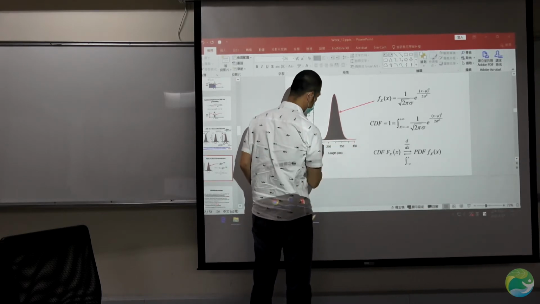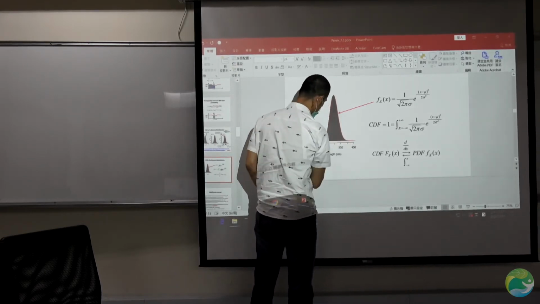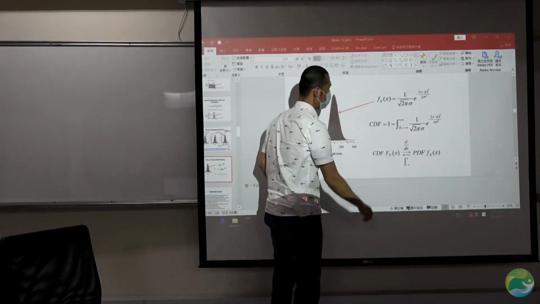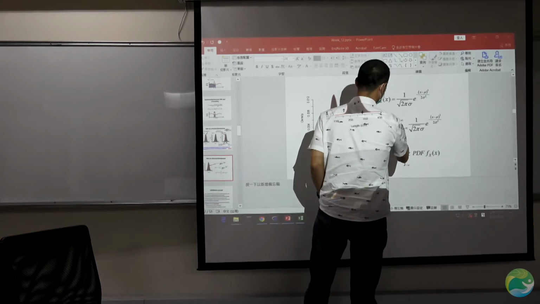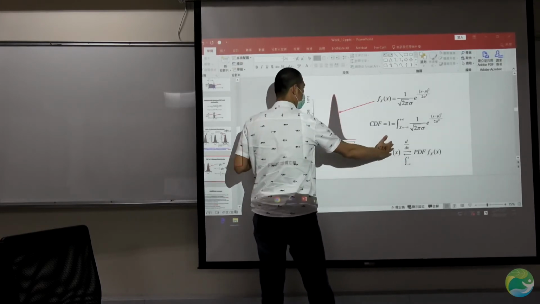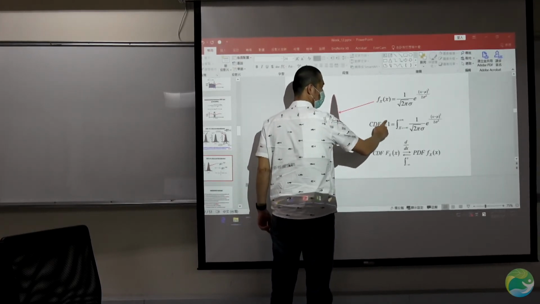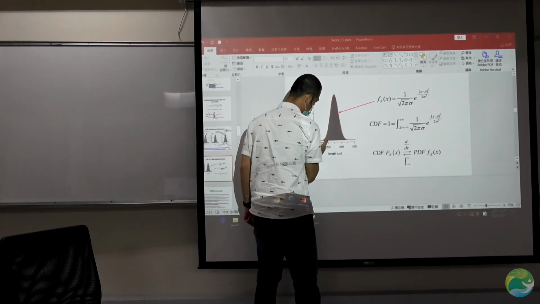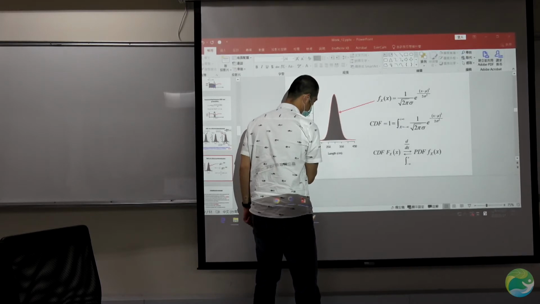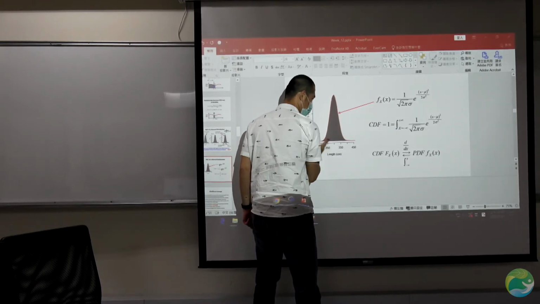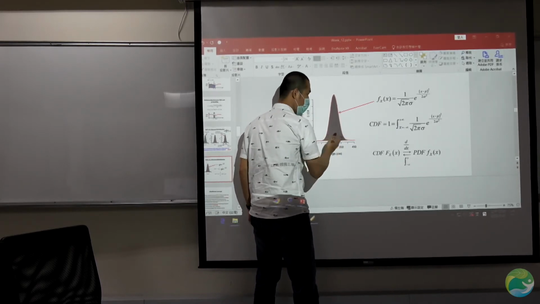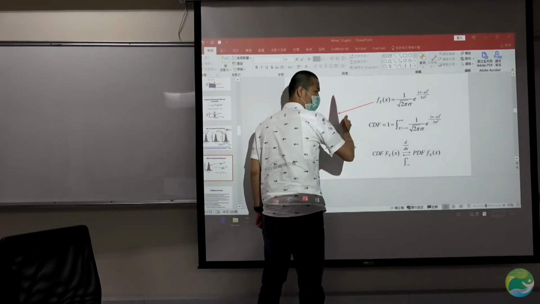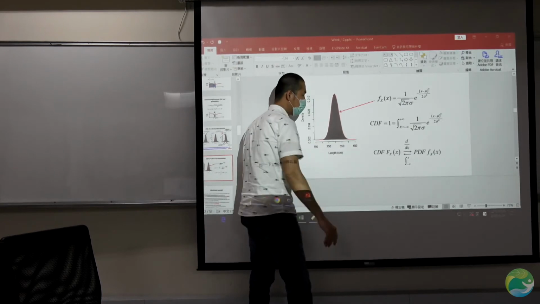When you integrate from minus infinity to positive infinity, the whole area probability is equal to 1. But if you just do it from a very small value up to a very large value and plot the profile, then the CDF will look like this, a logistic-looking curve, okay?